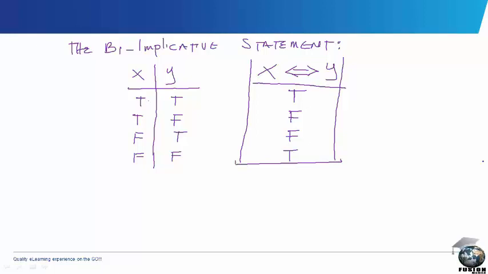Without wasting your time, I'll take on an example, say example 1.